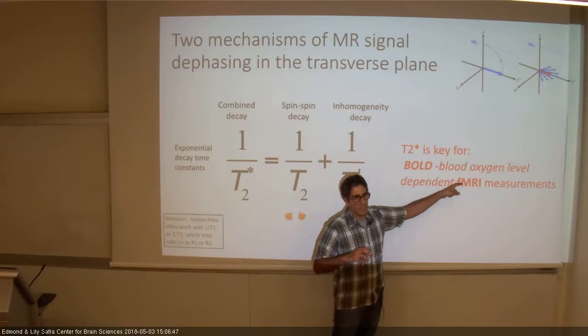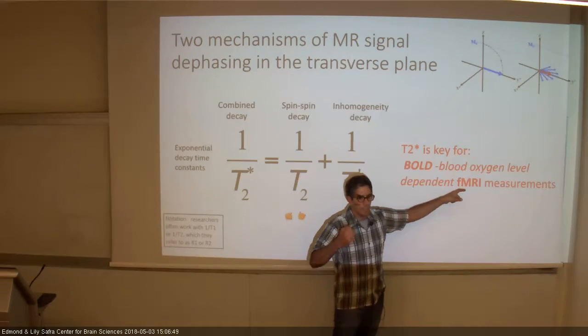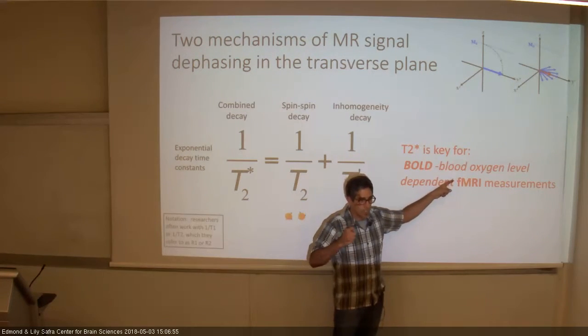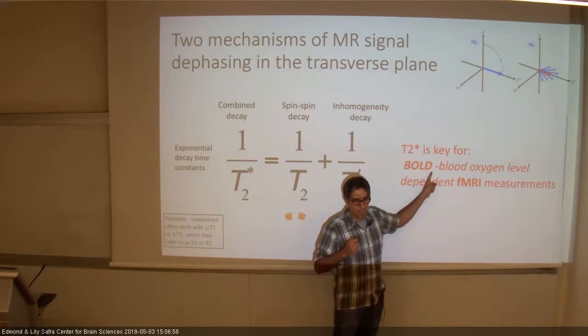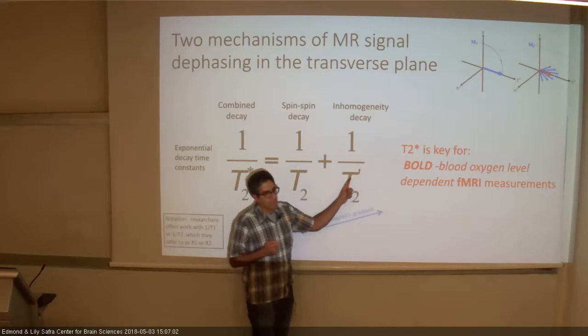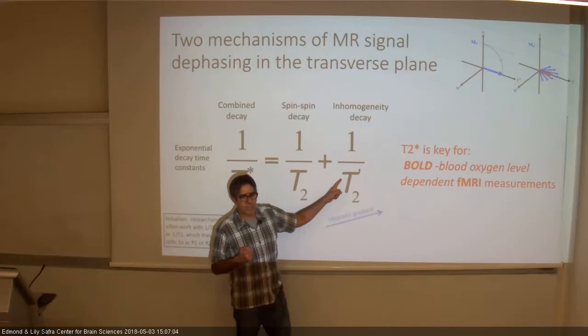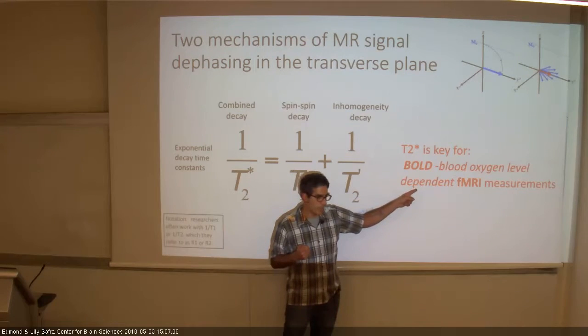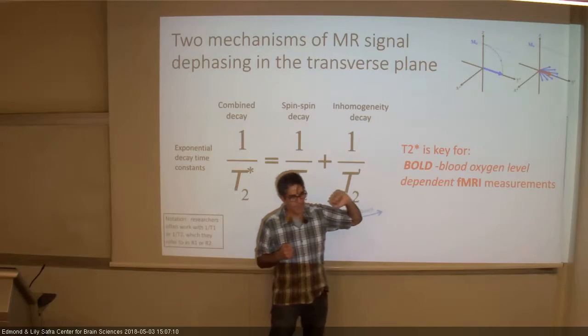The fact that the neurons now consume energy or not changes the level of oxygen and deoxyhemoglobin in the blood, and that creates a perturbation in the MR field, which is a signal that we can measure. That's fMRI. That's functional MRI. So this very physical phenomenon that seems to be related to nothing will be the thing used for functional MRI in 3 weeks. Okay?